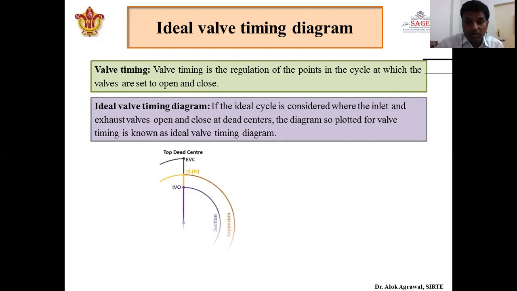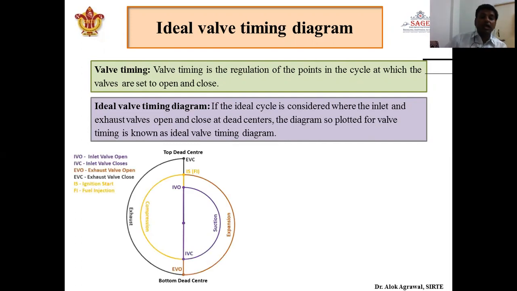Let us see what the ideal valve timing diagram looks like. Okay, so this is top dead center and this is bottom dead center. Suppose this is 0 degree, this is 180 degree, and this is the complete 360 degree. The cycle starts when the piston is at top dead center. At top dead center, when the piston starts to move down to complete its suction stroke, that is when the suction stroke starts, the inlet valve will open.